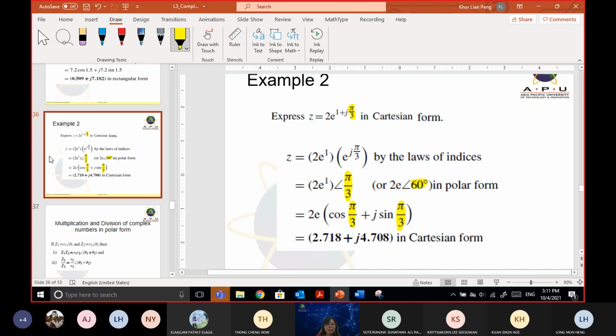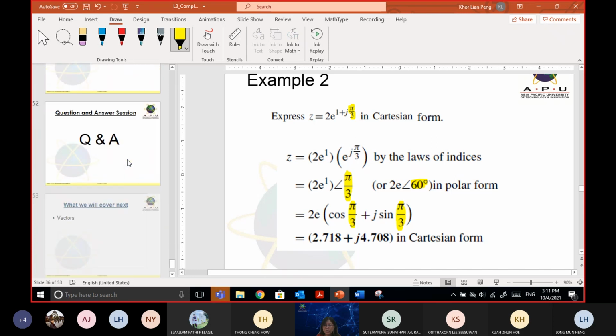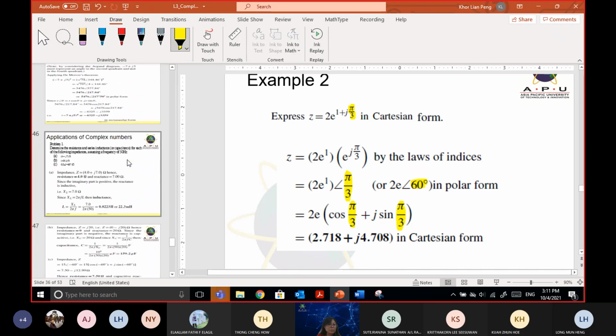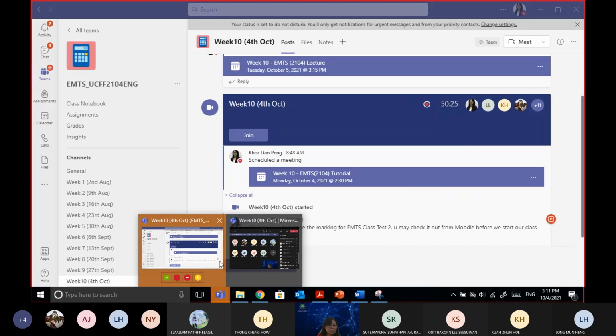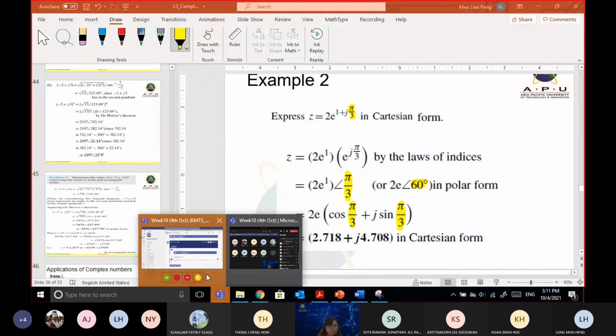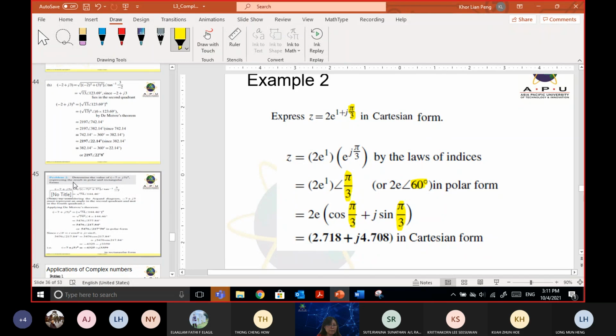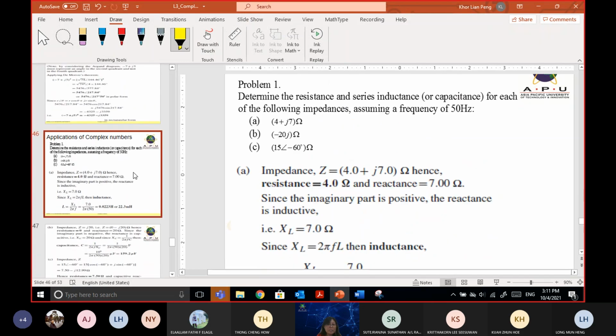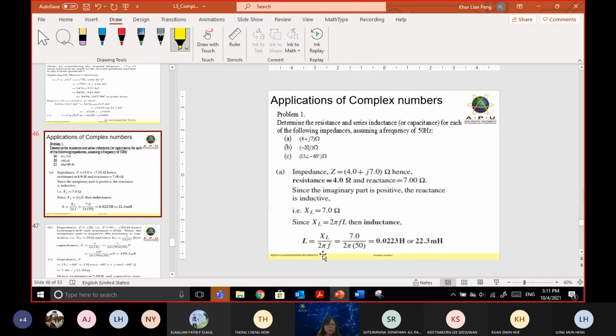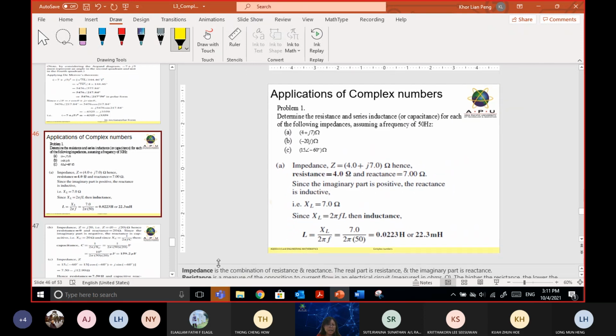Okay, now we have already done the discussion. Next we will move on to some applications. Last week, remember I posted some of the terms regarding the impedance, resistance, reactance, and so on.